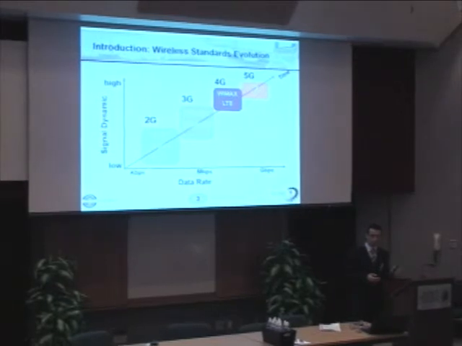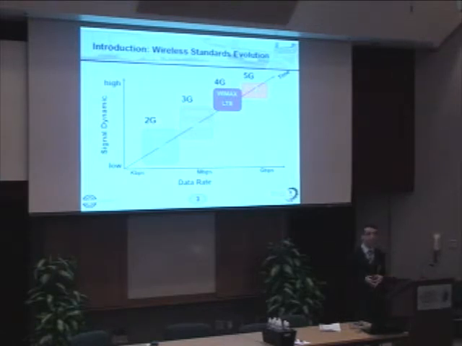So we moved from second generation that provides around 20 to 30 kilobit per second to third generation that provides up to 4 megabit per second, and then with the fourth generation we reached tens of megabit per second. The tendency is to move to the next generations and provide gigabits per second throughput.